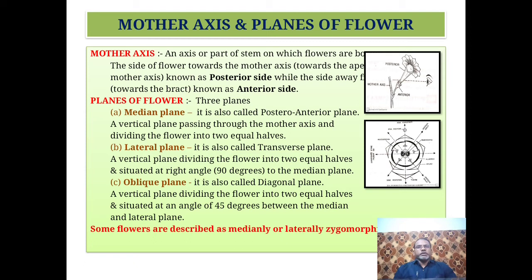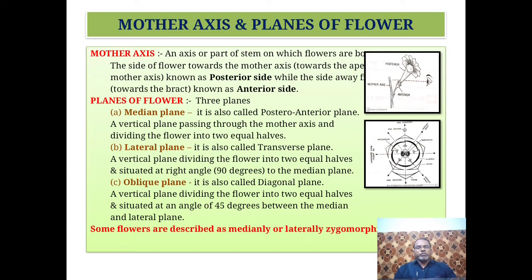First, median plane. It is also called posterior-anterior plane, a vertical plane passing through the mother axis and dividing the flower into 2 equal halves. Lateral plane. It is also called transverse plane, a vertical plane dividing the flower into 2 equal halves and situated at right angle, means 90 degrees, to the median plane.